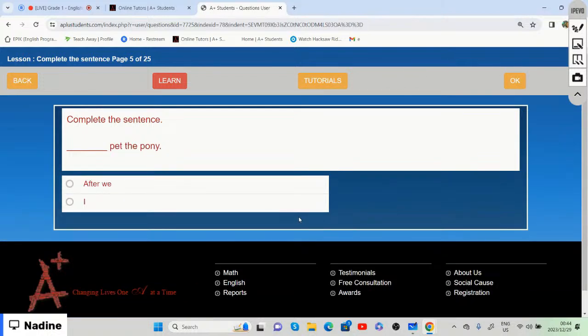All right, last one. To complete the sentence, do we say after we picked the pony or I picked the pony? So which one is a complete sentence?